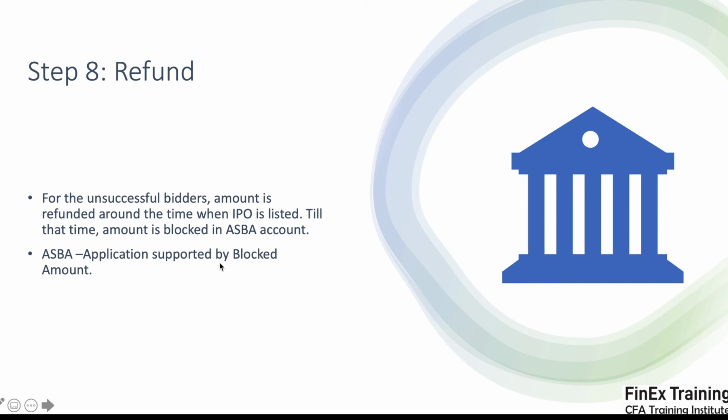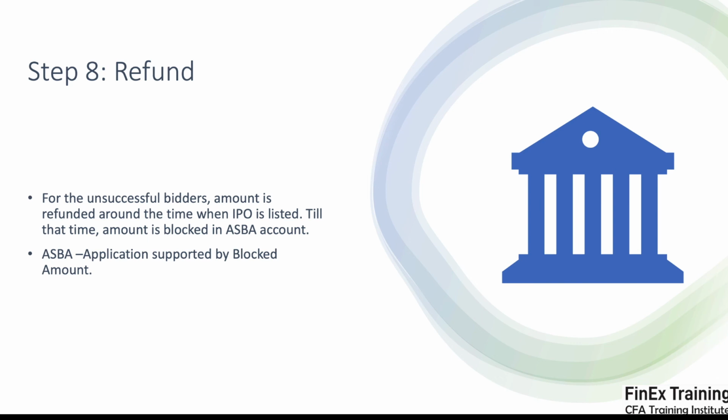In this process, money will be frozen in your bank account. Earlier, money used to be debited from the bank account, and then the investor had to wait with a question mark in his head to get the refund in his account again. And if any back-end technical problem happened, the refund got delayed.